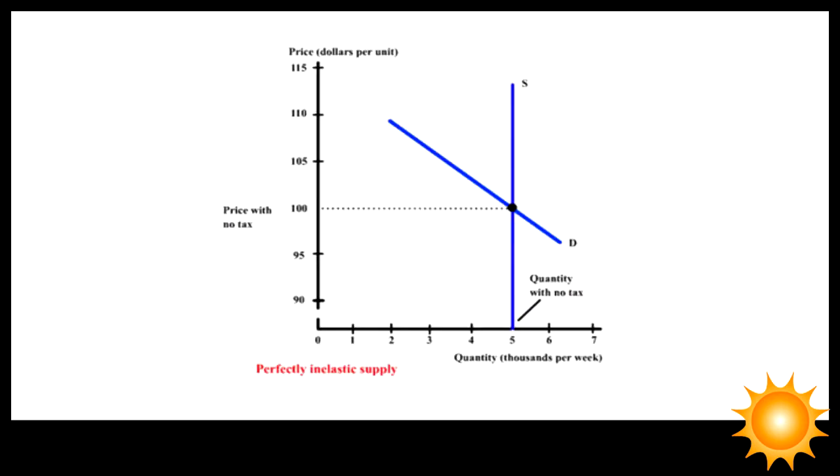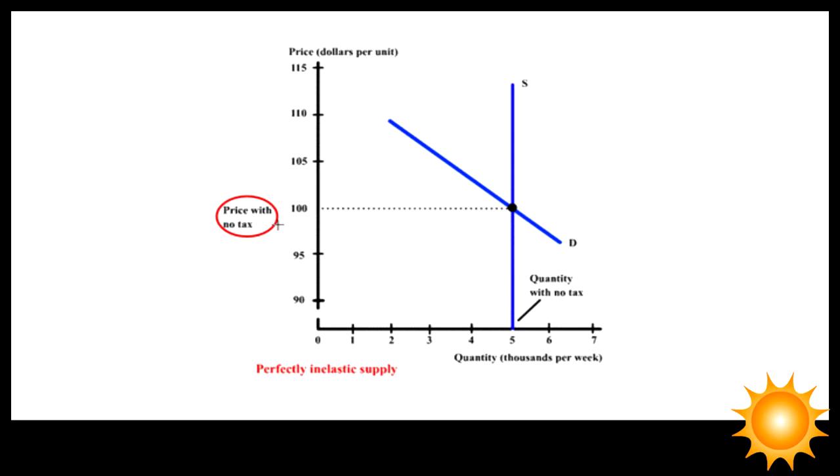When sellers continue to supply the same quantity regardless of prices, the supply curve is a vertical line. A vertical supply curve indicates perfectly inelastic supply. If demand remains unchanged, the before and after tax price remains the same.